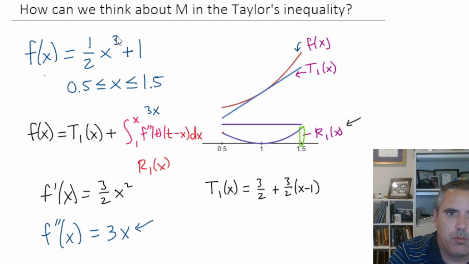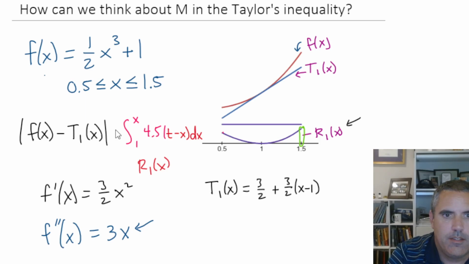So what we do is we replace this with this, putting the 1.5 into the 3x, so we get 4.5. The moment we do that, these are no longer equal. It just says that this now is less than or equal to this.